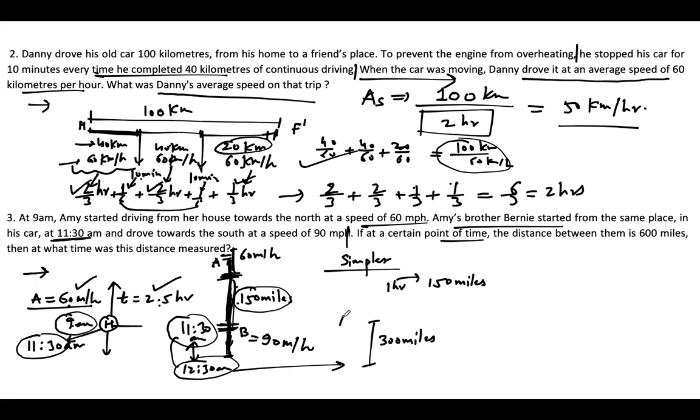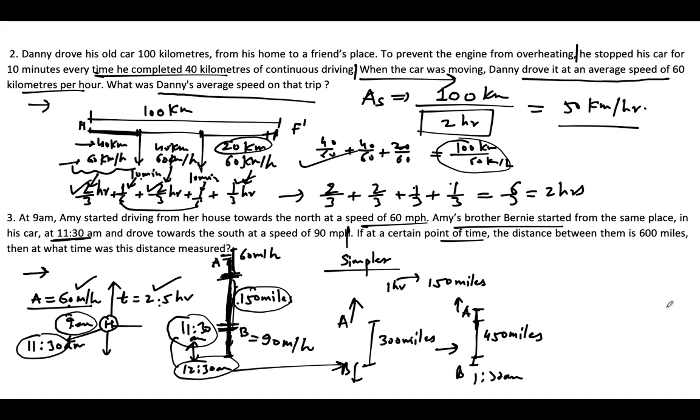Okay. After 1 more hour, what's going to happen? They'll travel 150 miles again. So 450 miles, 300 plus 150. This will increase, of course. So this is 12:30, this is 1:30.